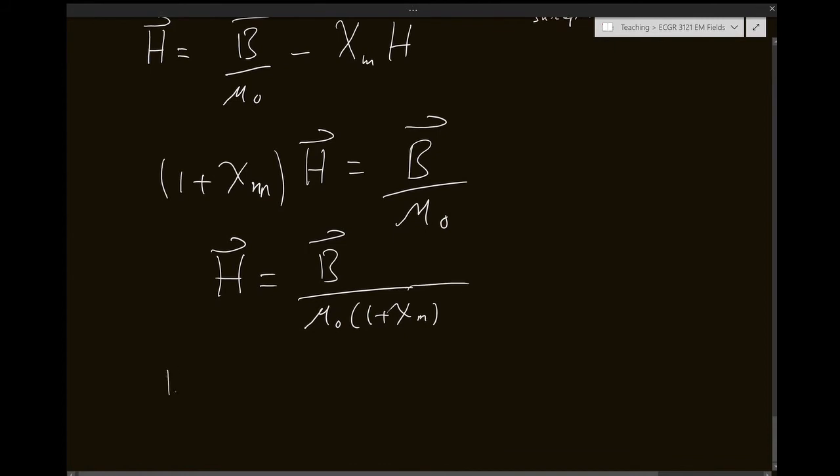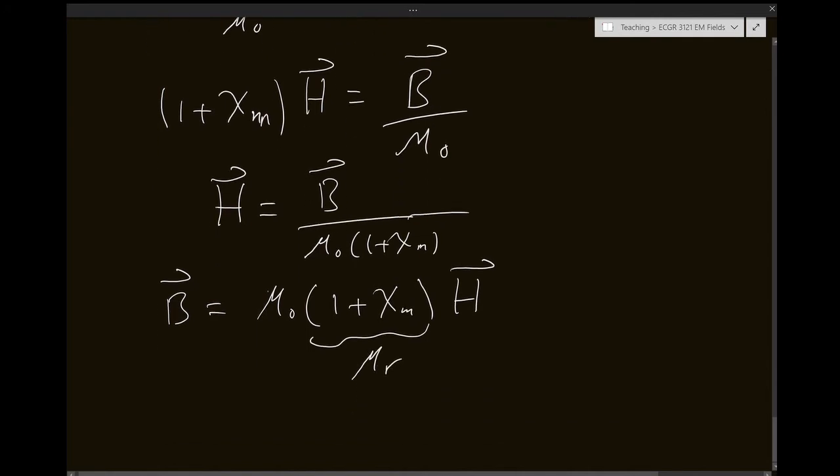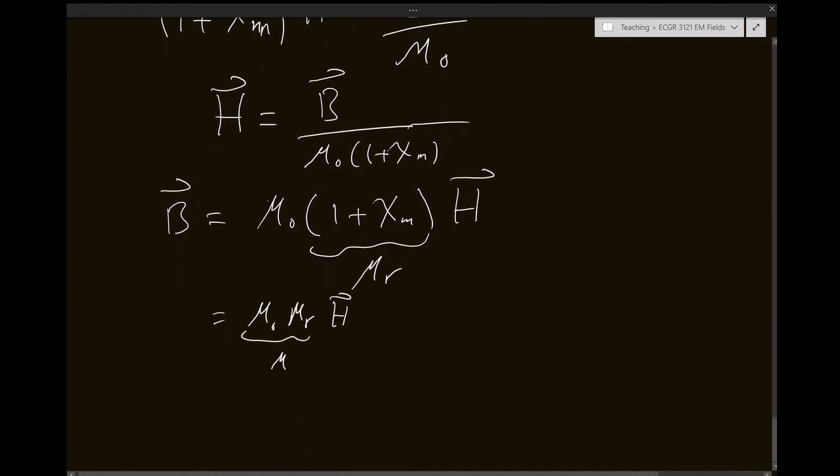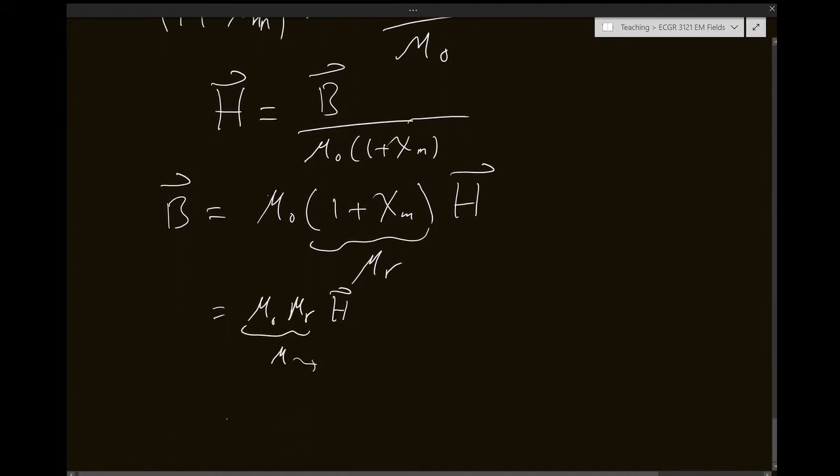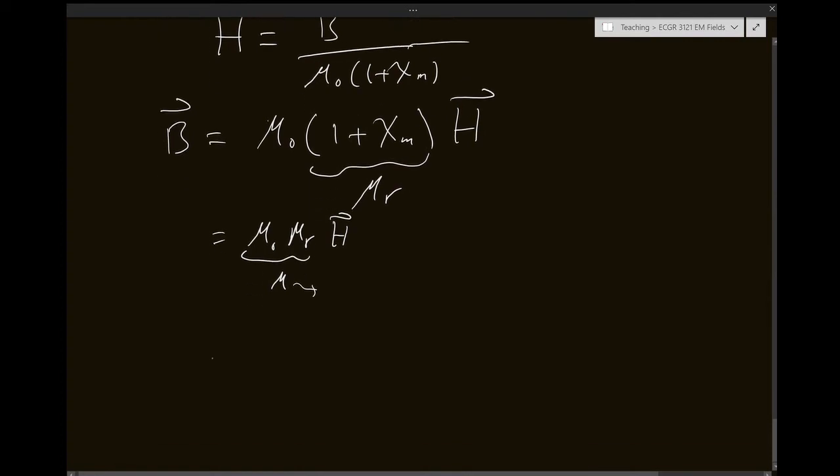Typically people write it like this: B equals mu naught 1 plus chi m times H. This is called the relative permeability, and then mu naught mu R is the general permeability for the material. This will vary depending on the material, depending on how well the material magnetizes.